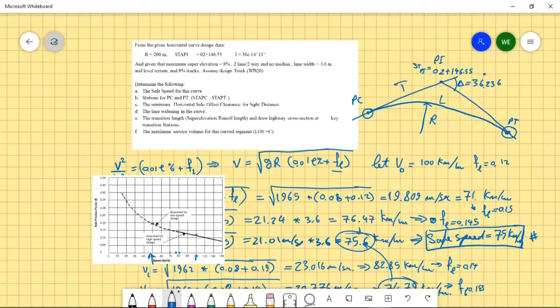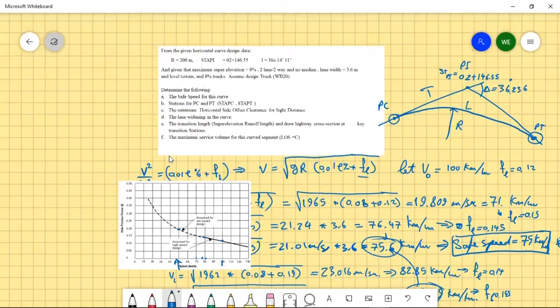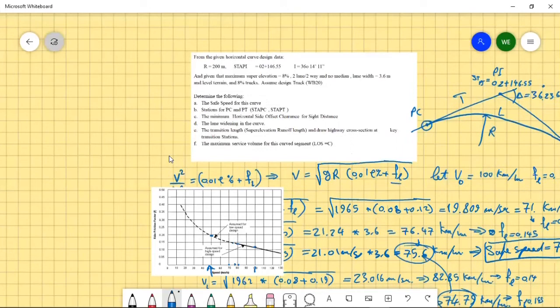So the tangent of this curve equals R tan delta over 2. So it's 200 multiply tan, the angle is 36.236 divided by 2.